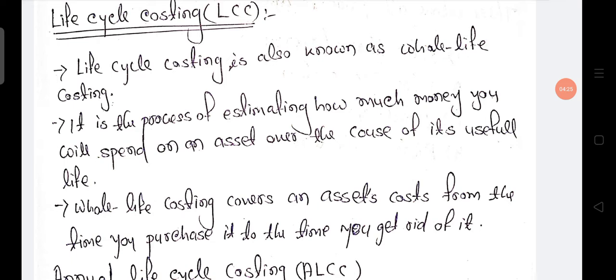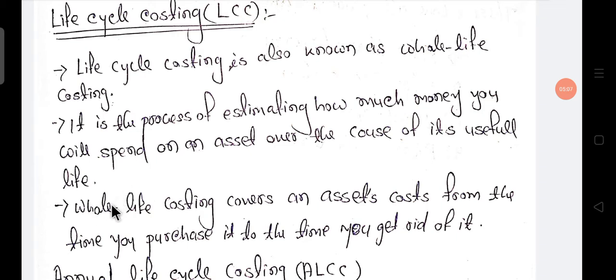After buying, how much money you spend on that machine, from buying to when you sell the machine, that is called the life cycle costing of that machine.